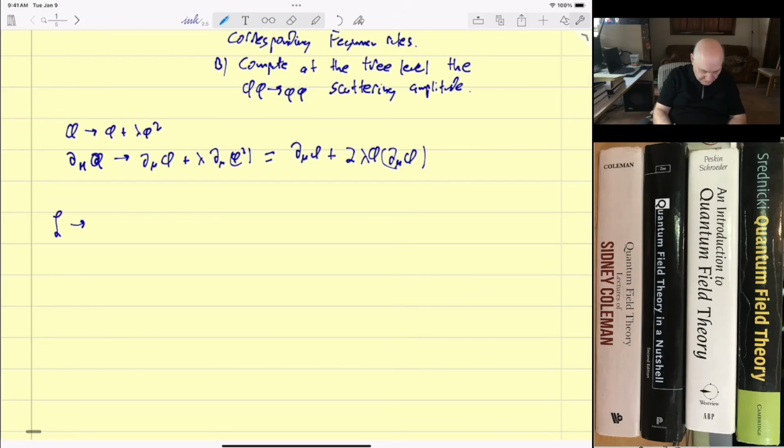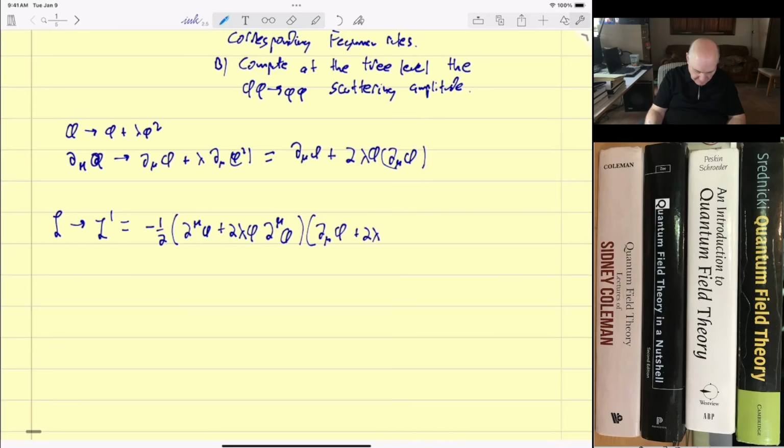L goes to L prime, which is equal to minus 1/2 (partial mu phi plus 2 lambda phi partial mu phi) squared. Now we do the lower part: minus 1/2 m squared (phi plus lambda phi squared) squared.